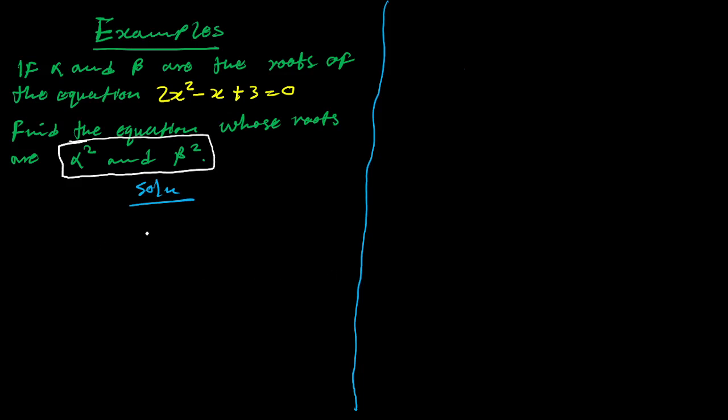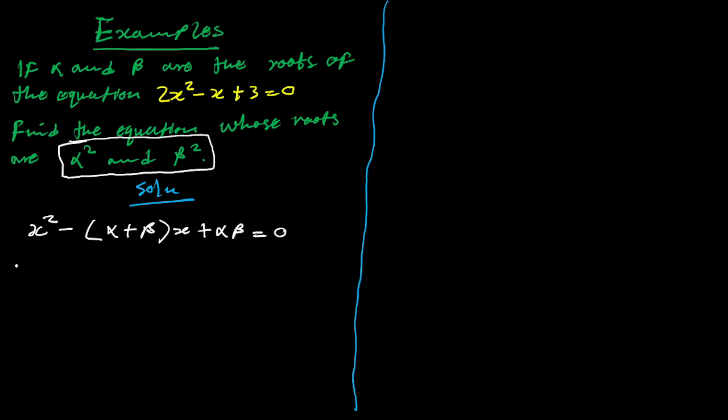From here, the equation we are looking for is the equation which has x squared minus alpha plus beta. Remember the second formula was x squared minus alpha plus beta x, and then plus alpha beta is equal to 0. This was equation 2, the equation from the formula.